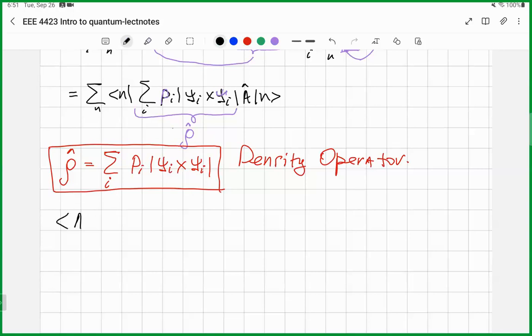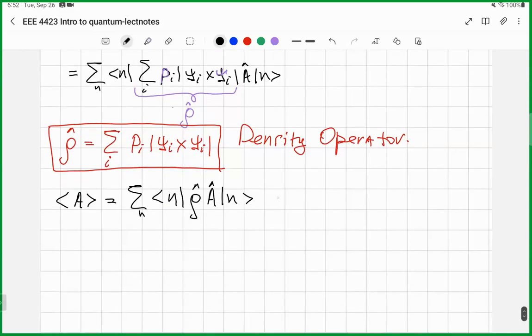So for the expectation value for the mixed state, we get the summation over n, ⟨n|, then the density operator rho, then the operator A, and then |n⟩. Or, recalling the notation for the trace: the trace is the summation of the diagonal elements.